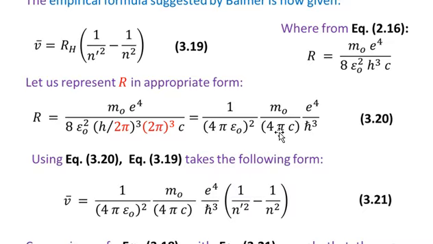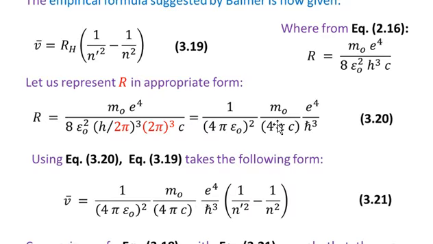And then the final result on the right hand side gives you 1 over 4 pi epsilon naught raised to the power 2, and then the factor m naught divided by 4 pi c, and then another factor which is e to the power 4 divided by h bar cube. So equation number 3.20 gives you the value of R in appropriate form.